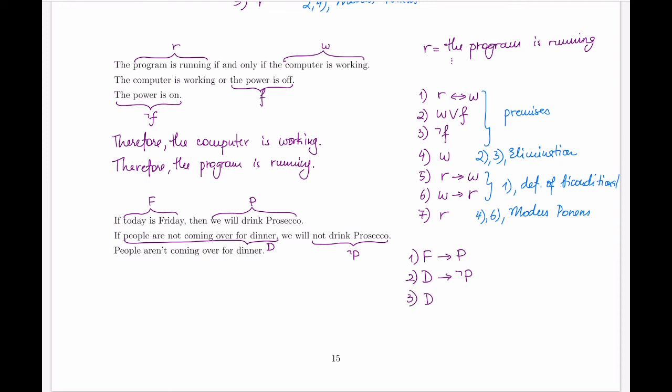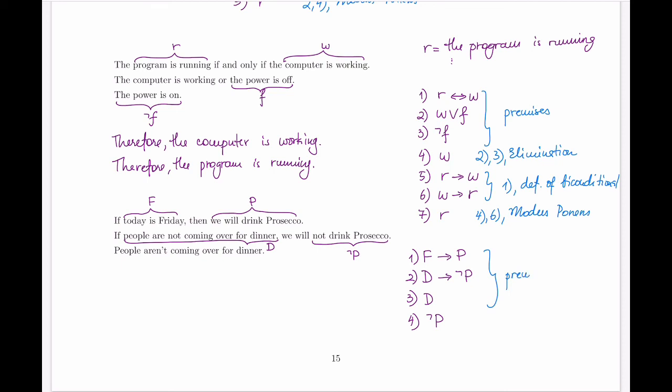By now, you should already be used to spotting simple forms of modus ponens and modus tollens, so I can see that between the two of these, by modus ponens, I can conclude not P, right? Something implies something else, and I have my original premise, which means that I get back my original conclusion. So I can conclude not P here.